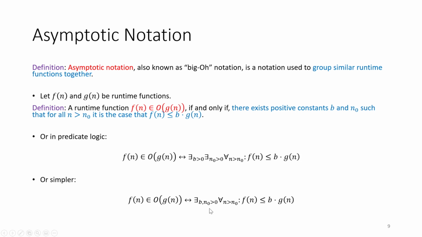So this is just a shorthand, makes it easier to read, and it really reads sort of like the English statement up here, where I've got there exist positive constants, sort of pluralized it, lumped it together, saying they're both positive, one's named b and one's named n naught.